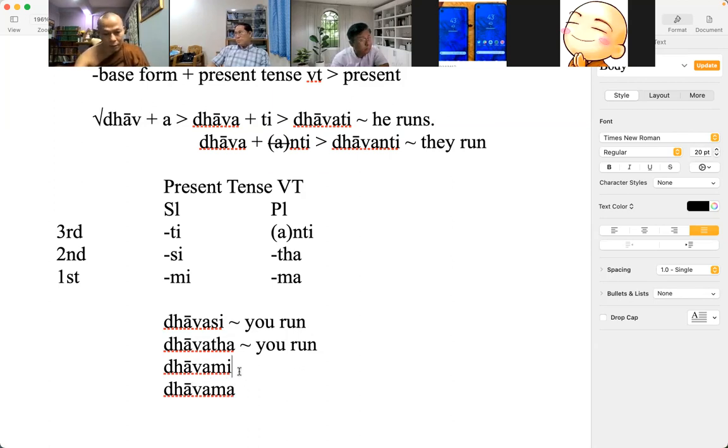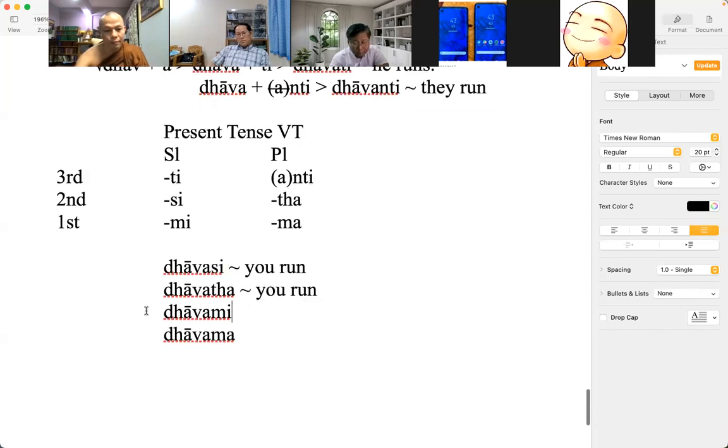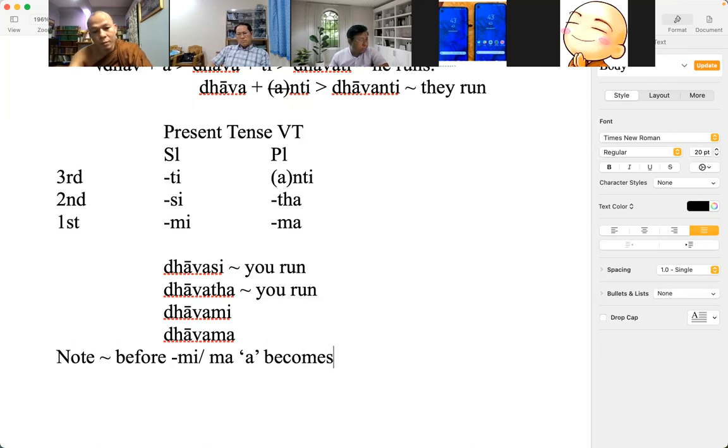But for the first person, this note you need to remember. Before mi or ma, when we see a vowel a, it becomes long a.